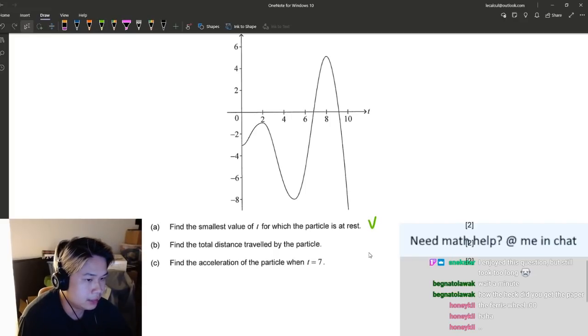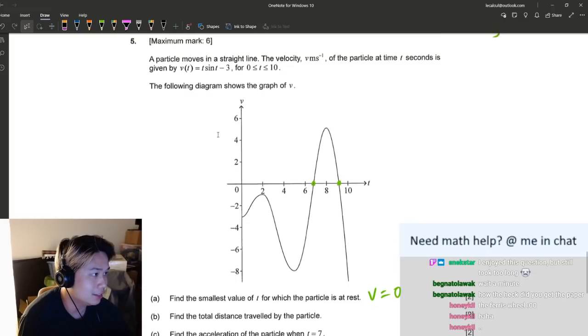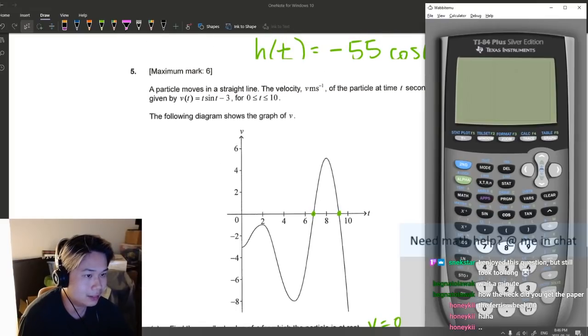When you're at rest, you are not moving, so that means your velocity is 0. Here are the values where you are at rest. We want the smallest value of t, so we need to find this one. I really hope you guys didn't put 7, because that's not 7. You have the function here. Just calculate the 0 using your graphing calculator.